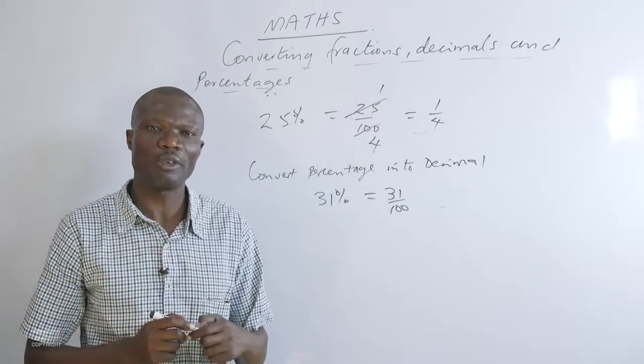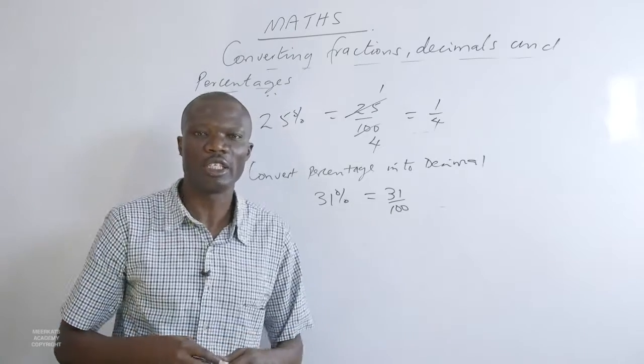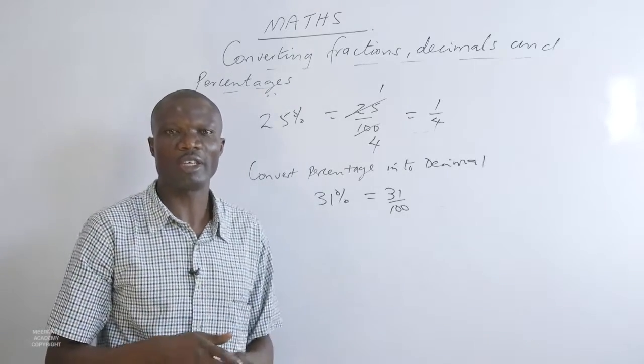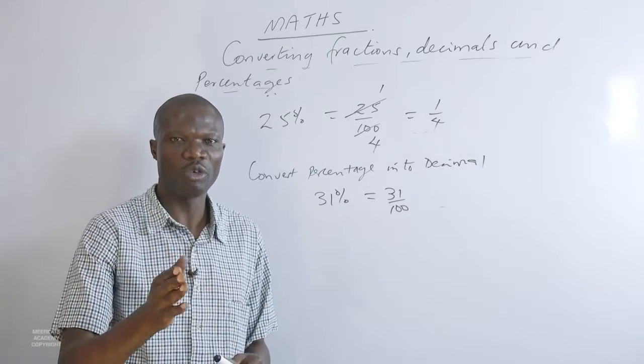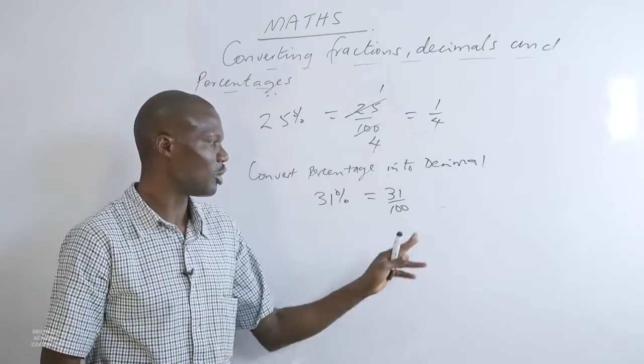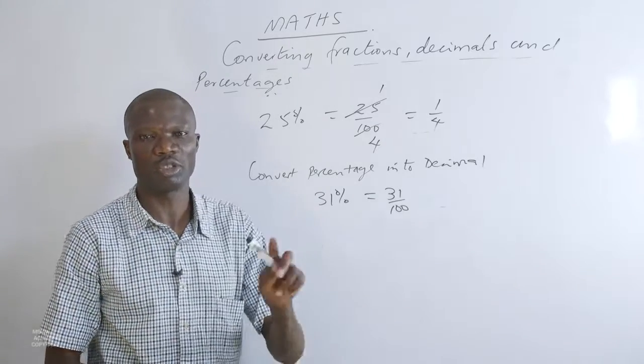Then from that fraction notation, you convert into decimal. The denominator is 100. Therefore, we move the decimal point to the left. How many steps? 2 steps, because 100 has got 2 zeros.